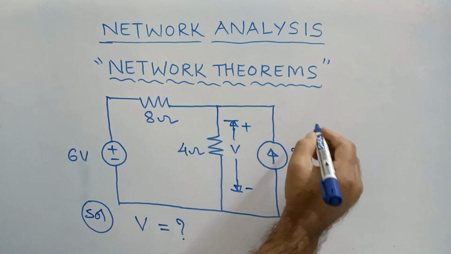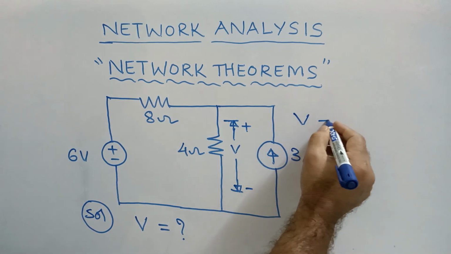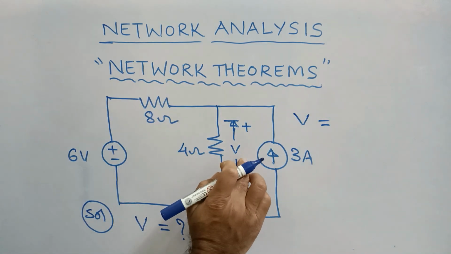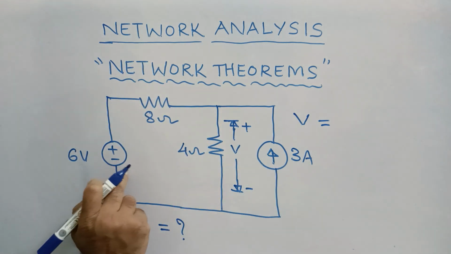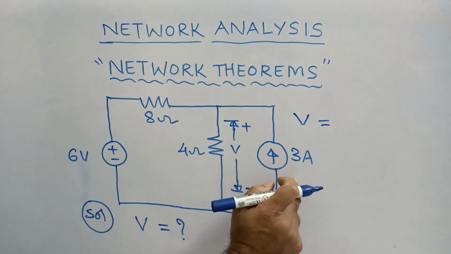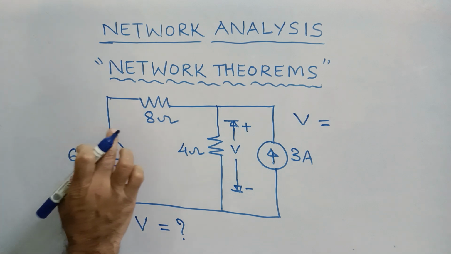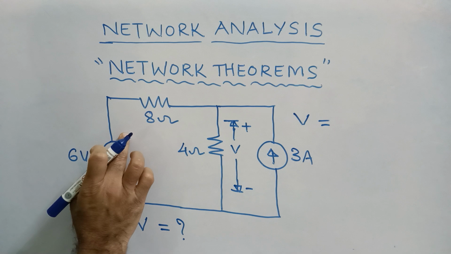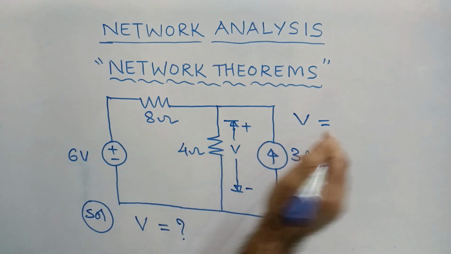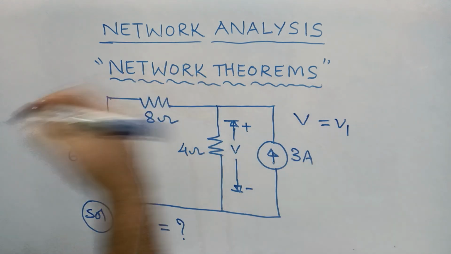My V is nothing but, how many sources are there? There are two sources. One is the voltage source, the second is the current source. So with respect to the voltage source, I have to find the voltage V, which you can call V1.